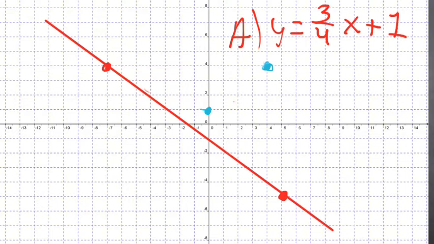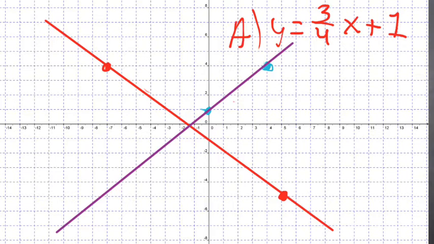So, all you ever need is 2 points. Because with 2 points, you could then make the line, if I could not make a mistake with my human error side of things. There it goes, kind of.